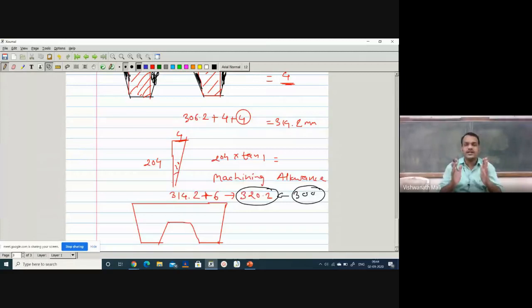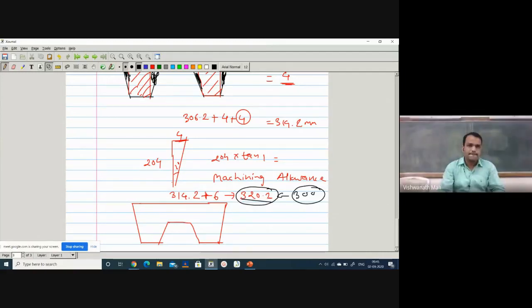Due to the vertical edges, it may cause damage to the vertical surfaces of the mold. We have added the dimensions. Then there is a poor surface finish. To get a good surface finish, we need to machine, which will remove the material. So to overcome that, again we have added the dimensions. So this is your 320.